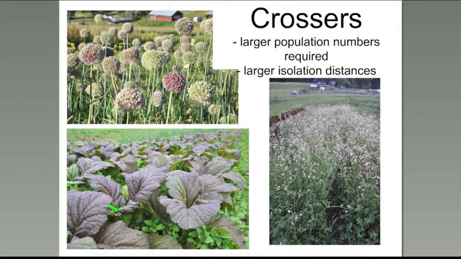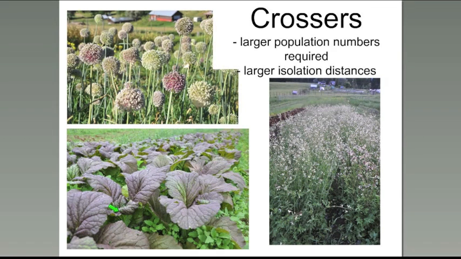Cross-pollinating plants are ones that actually need to share pollen from one plant to another, or one flower to another on the same plant. They cannot pollinate themselves, either because they have what are called imperfect flowers, where the male and female parts are on different flowers, and therefore pollen needs to move from one flower to another.